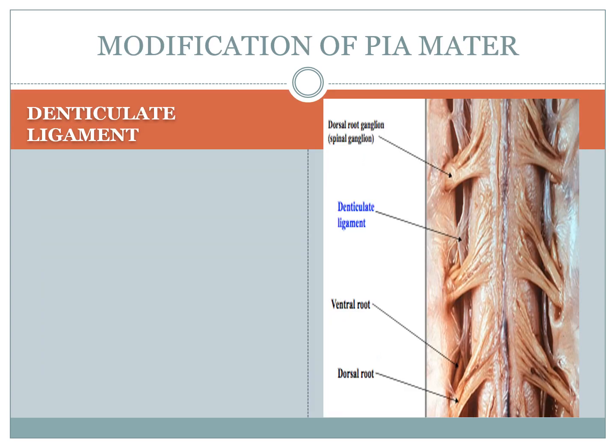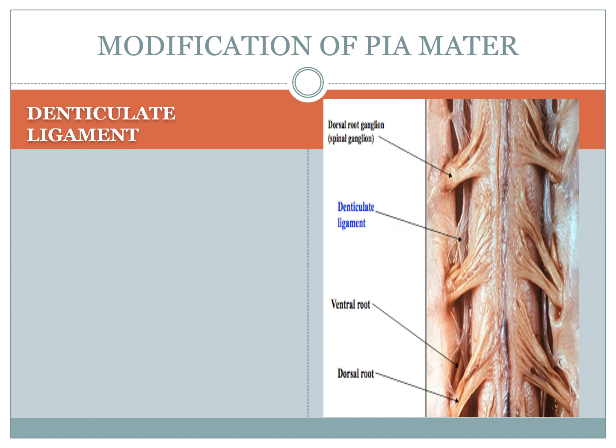Now there is a modification of pia mater that is called denticulate ligament. Here you can see there is a lateral extension of pia mater which is called denticulate ligament. The function of this denticulate ligament is to keep the spinal cord in the center of the vertebral column.